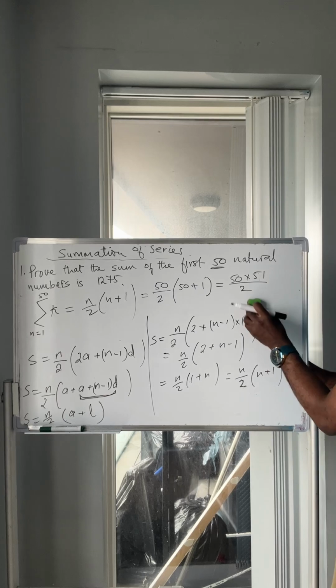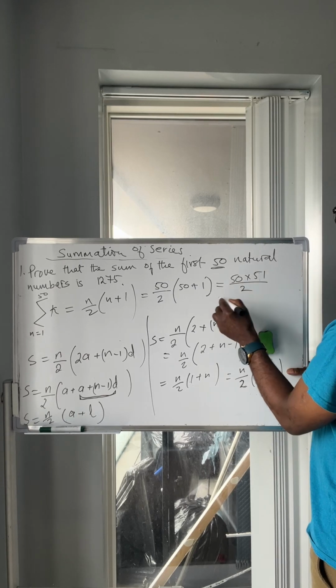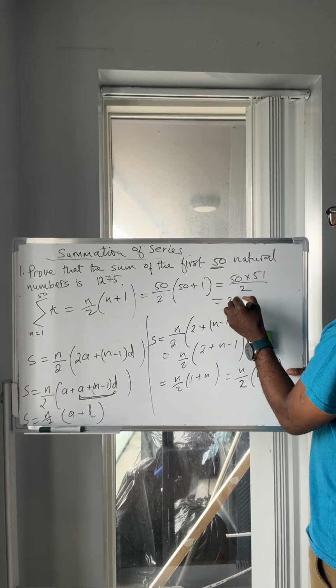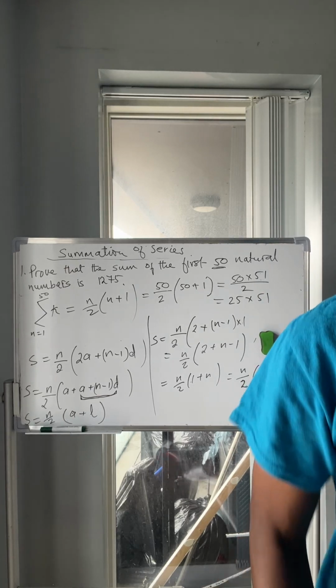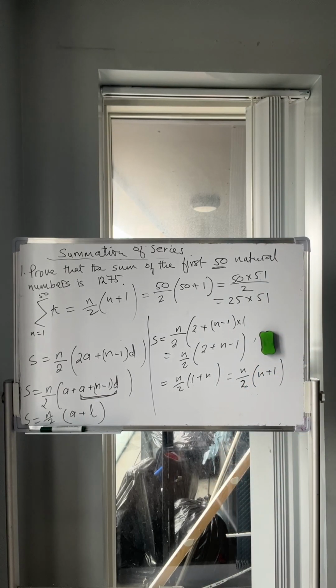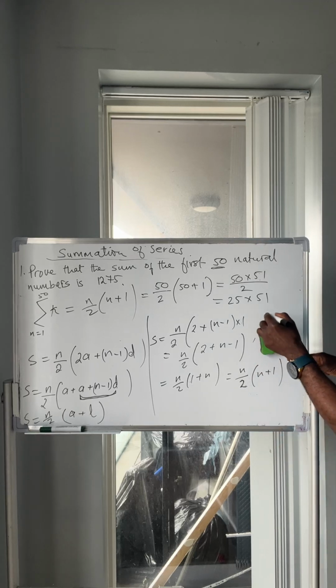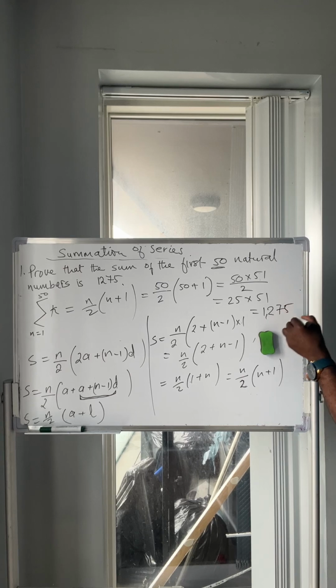If I divide, this gives me 25 times 51. Let me use the calculator. 25 times 51 is 1,275. So it's proven.